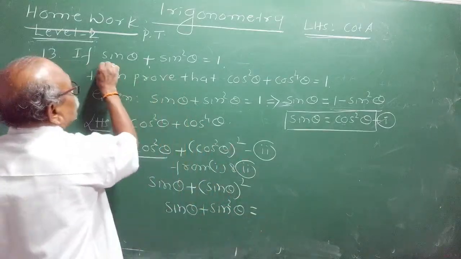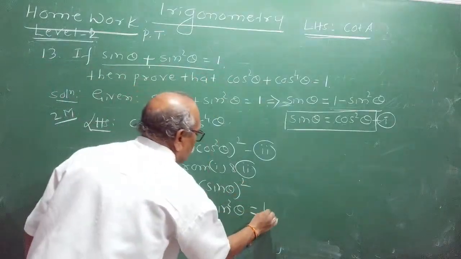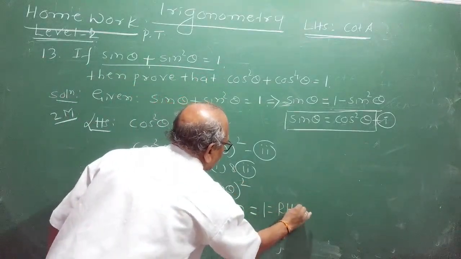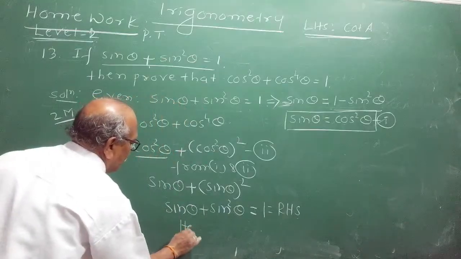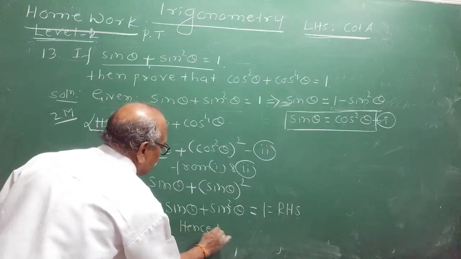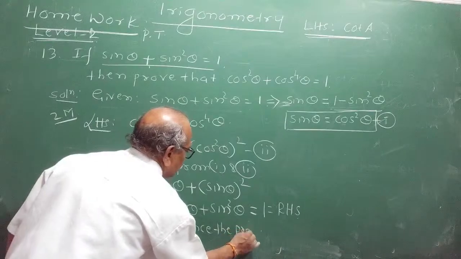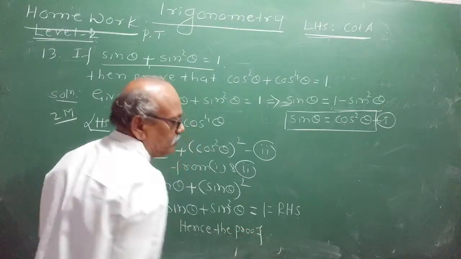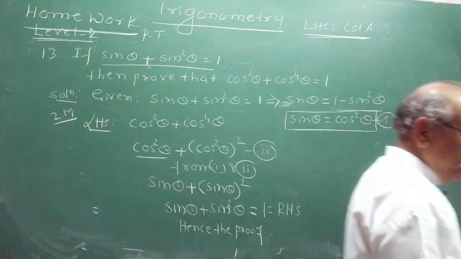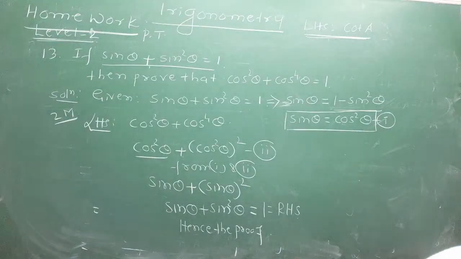Now what is given to you? Sin theta plus sin square theta is equal to 1. That is equal to RHS, hence proved. Is it not interesting, my dear students? Hence the proof of it.